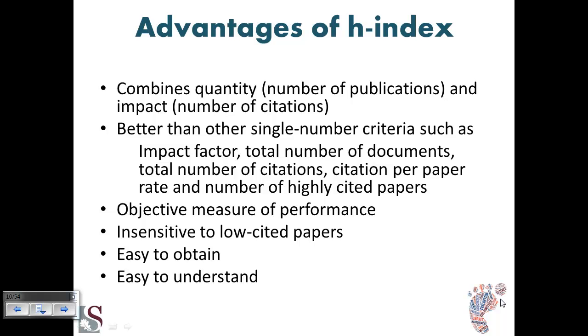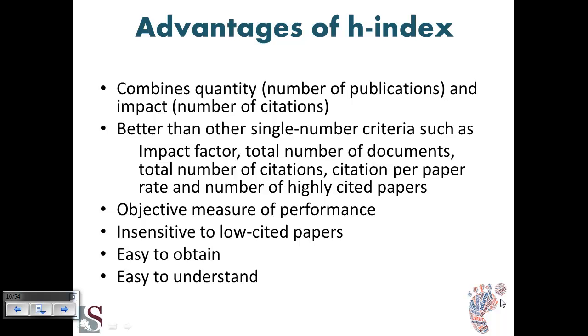Then if we just continue to the advantages of the H-index, it combines quantity, publications, and impact, the citations. So that's what it combines together. It is better than other single number criteria such as the impact factor, total number of documents, the total number of citations, and so on.